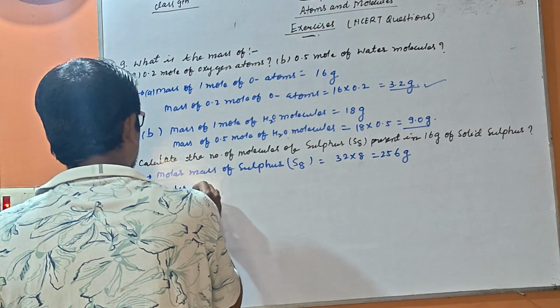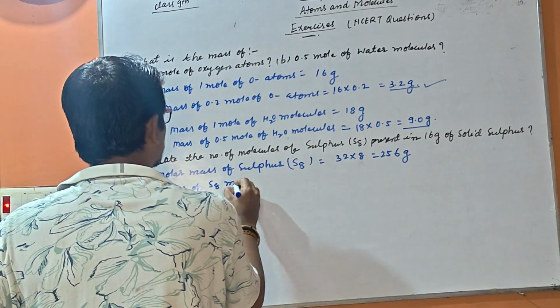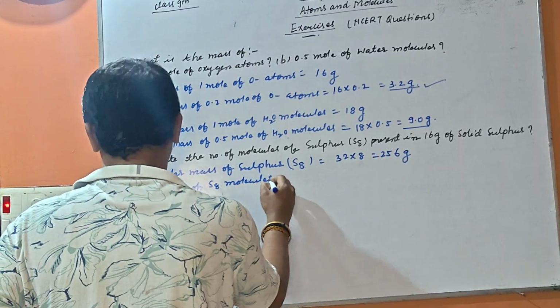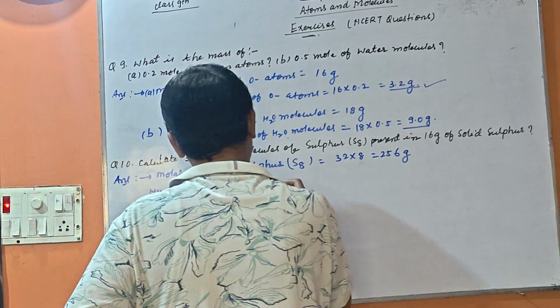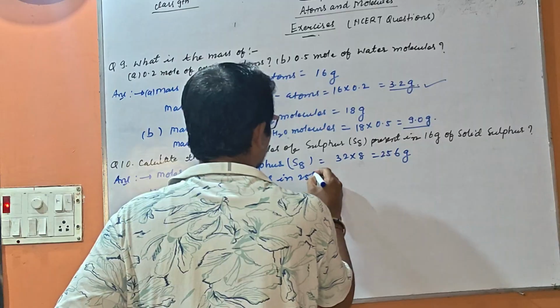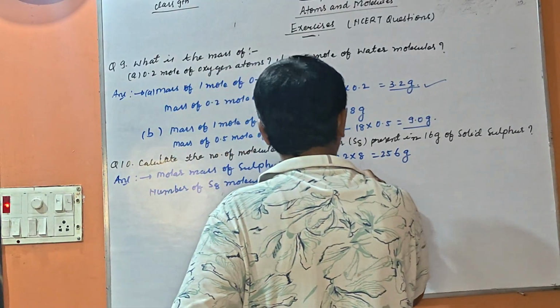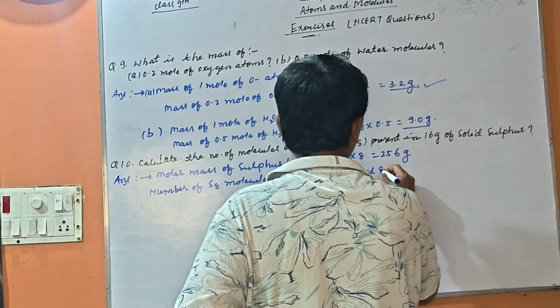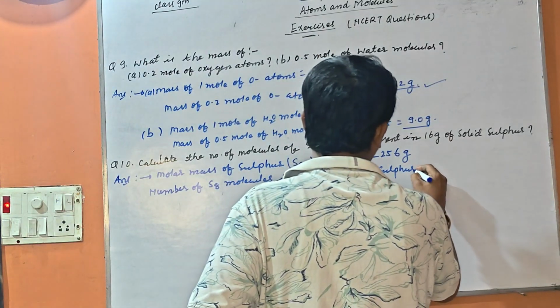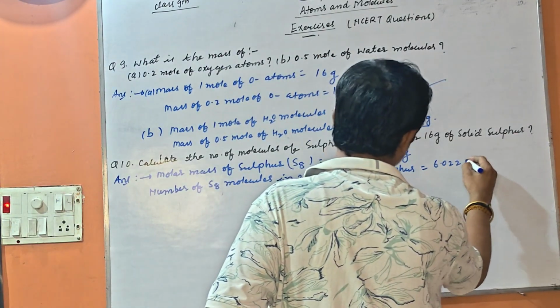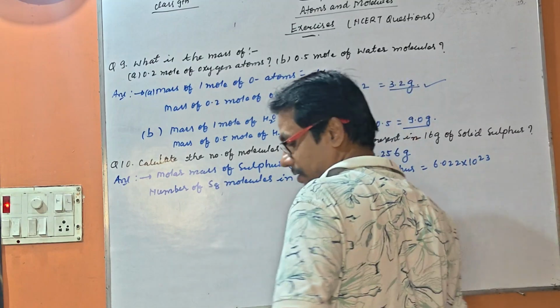Number of S8 molecules in 256 gram of solid sulfur is equal to Avogadro number, 6.022 into 10 to the power 23.